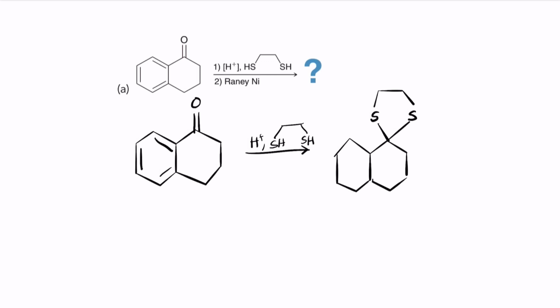So a dithiol is formed first. So you have the first compound formation. In the second reaction, we have Raney nickel. Raney nickel removes the bond here and adds hydrogen in that position.